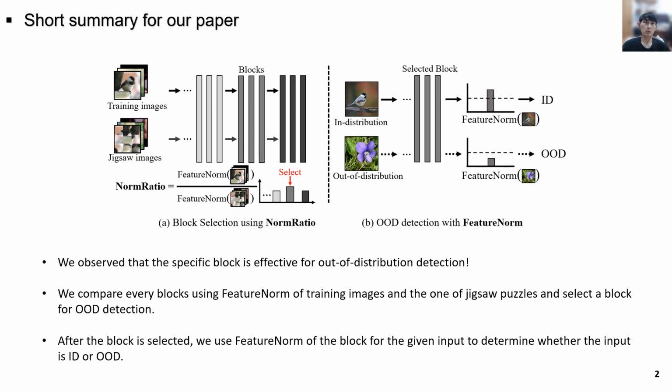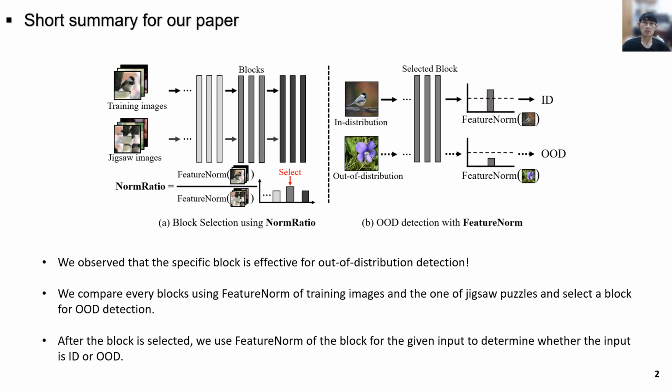In this paper, we have made an important observation regarding the effectiveness of the intermediate block in OOD detection. Previous methods commonly relied on the output of the last block. Therefore, we propose an approach where we compare each block using the L2 norm of the feature map for both the training images and the jigsaw puzzles.